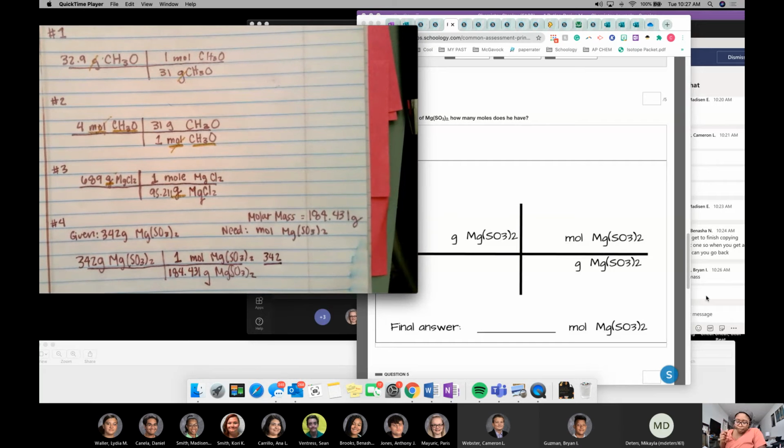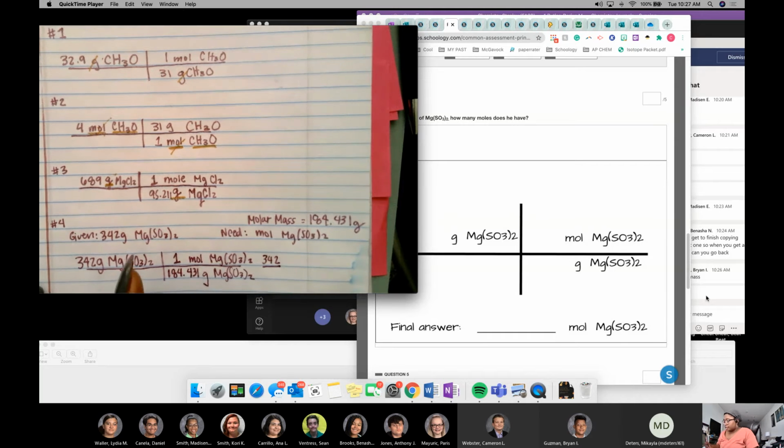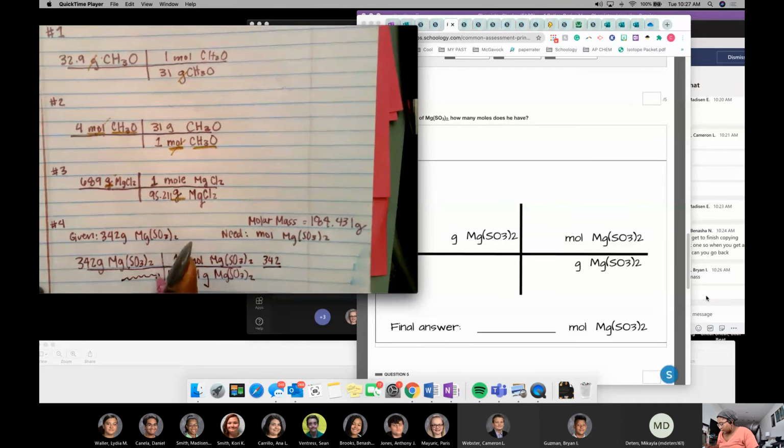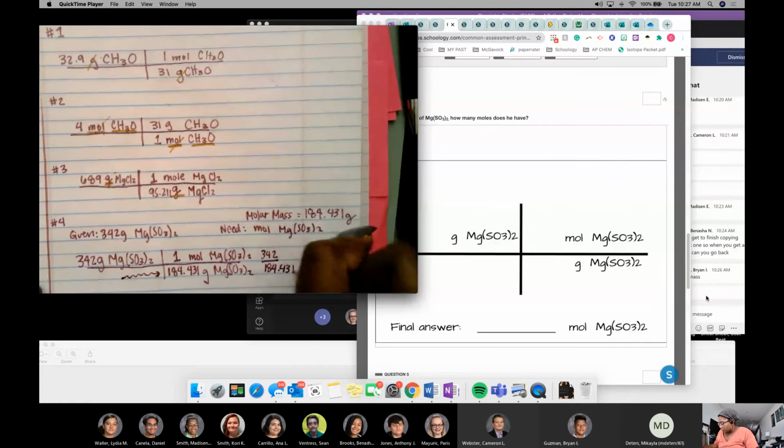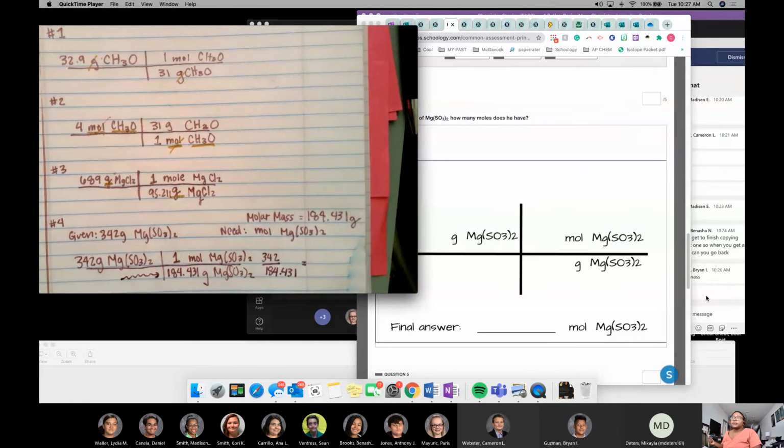What's my number going to be for the bottom? Since I don't have anything for it to be multiplied across by, it's going to be 184.431. And when I divide those, what do you get?